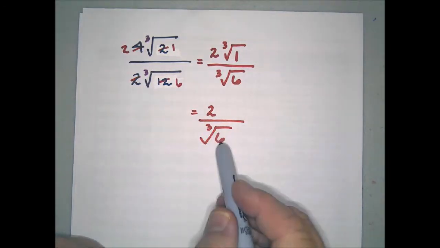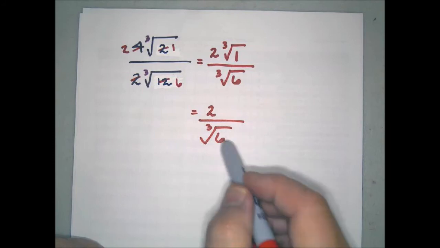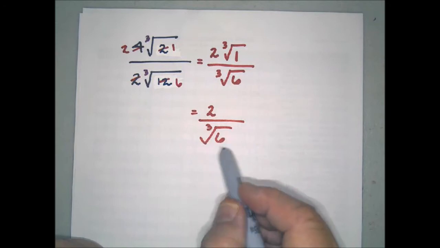And since it's a cube root, 6 can be broken down to 2 times 3, but we need to think of this 6 as simply a single 6. Since I'm dealing in cube roots, I need a total of 3 of something in order for one of them to come out.